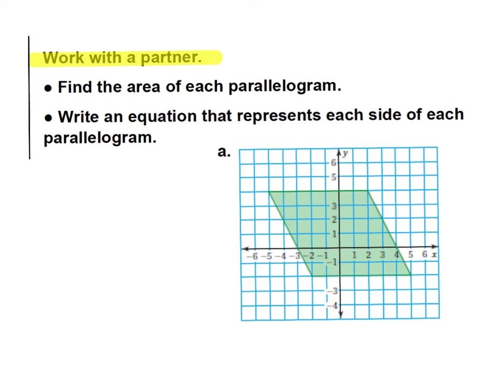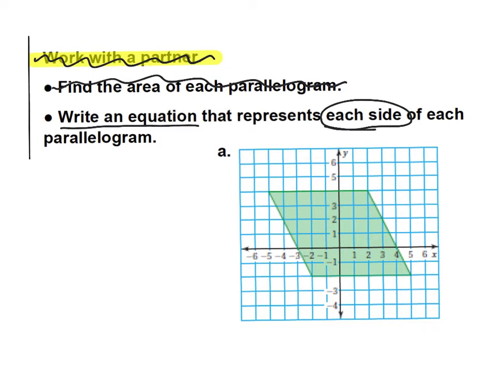This is going to be something you are doing in your homework. So pay attention. I don't need you to find the area of the parallelogram. I'm not going to worry about that, but you need to write an equation that represents each side of the parallelogram, which means I'm going to have 4 equations, okay? 4 equations. So let's start with this line.